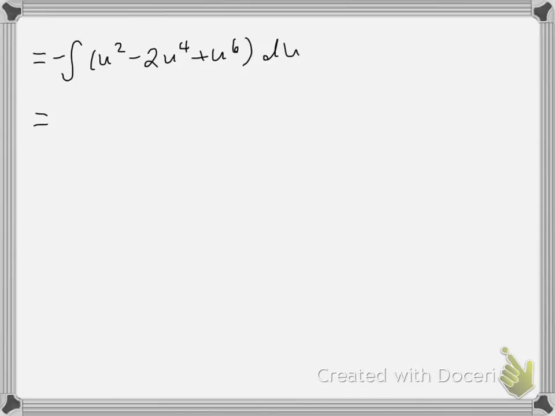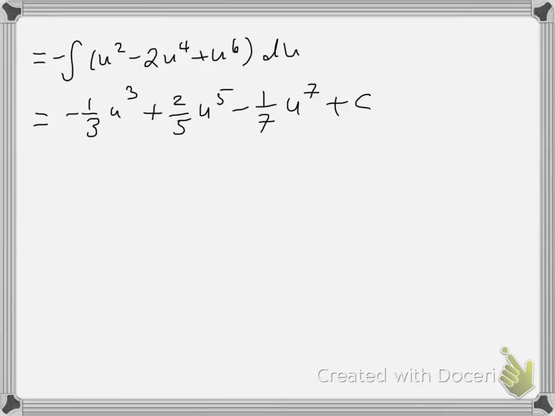Now, of course, finding the antiderivative of this and distributing out the negative sign, we're going to get negative a third u cubed plus 2/5 u to the fifth minus 1/7 u to the seventh plus an arbitrary constant of c.